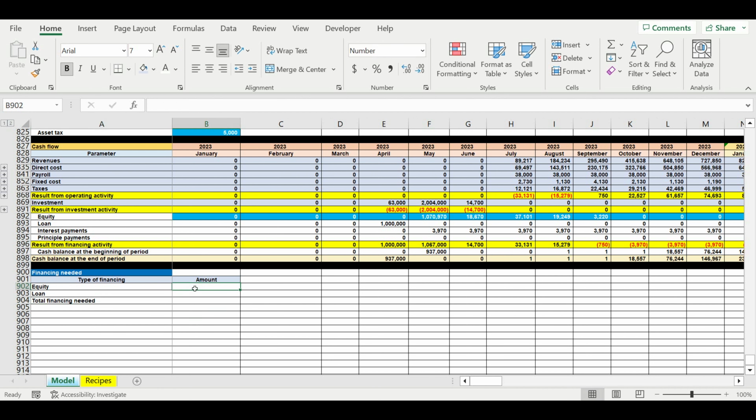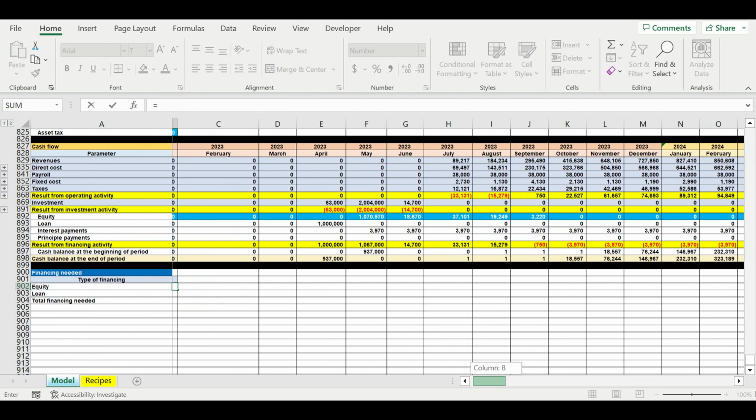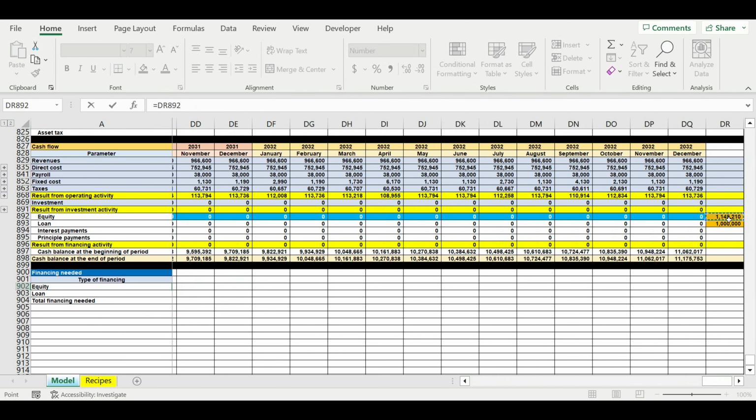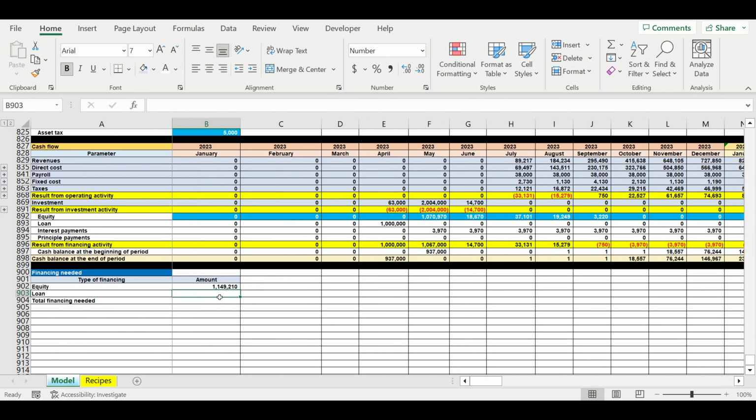I will pull these values from the end of the timeline. Then I will add these two values to get the final amount of financing.